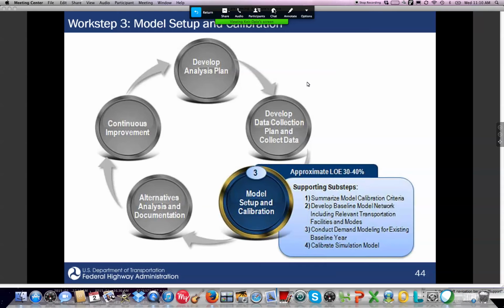Some steps associated with this: looking at what calibration criteria you need to satisfy to make sure that you can trust the model moving forward. Looking at the baseline model conditions to make sure the model is replicating conditions. We have to look at the demand models. Rarely are the meso models that we're using for operations large enough to look at the complete trip for everybody within the region, especially in this region.